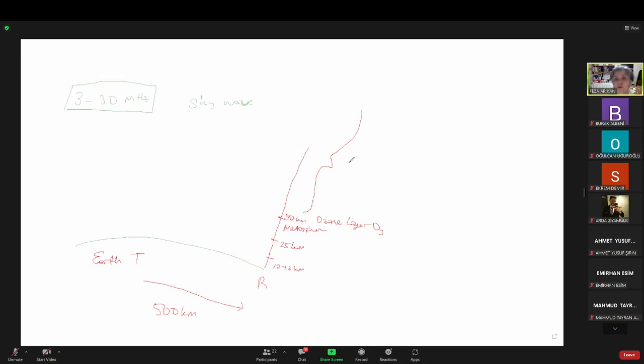So extreme ultraviolet and X-rays are going to heat up the atmosphere over here.